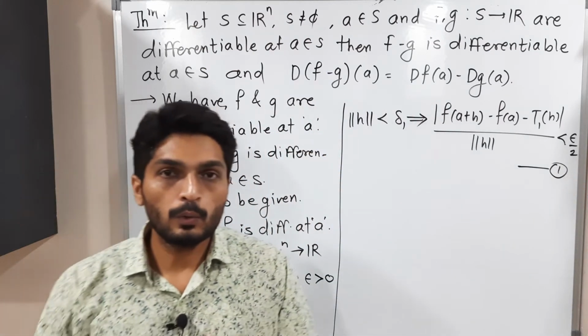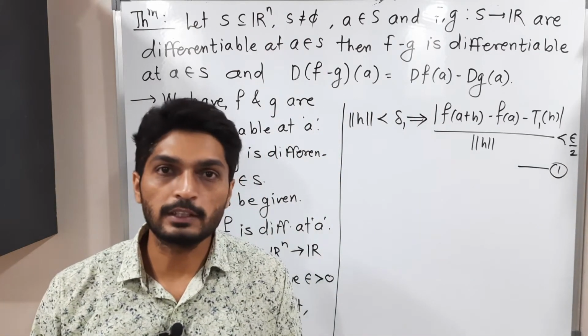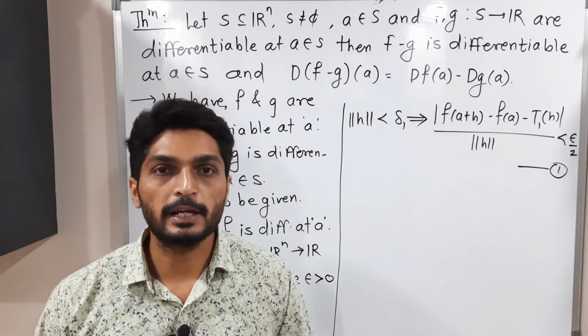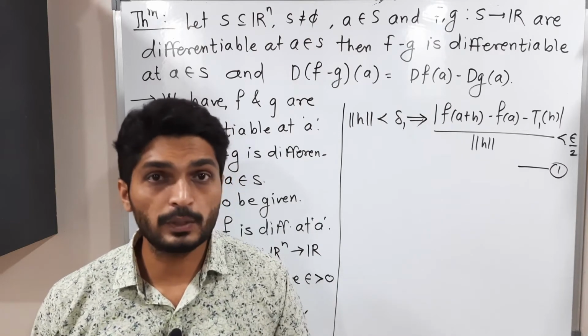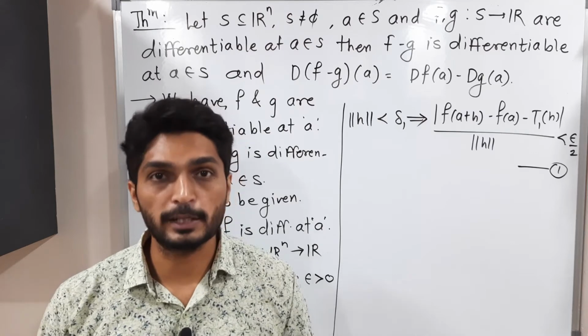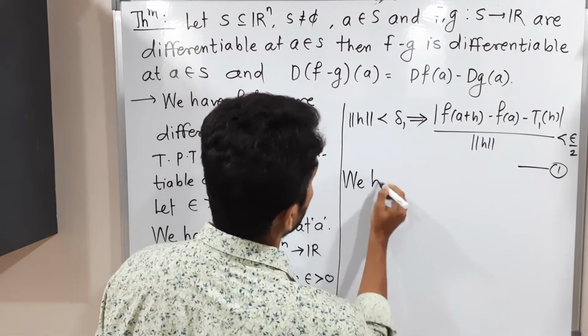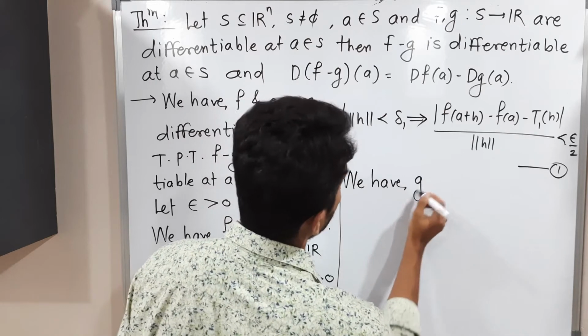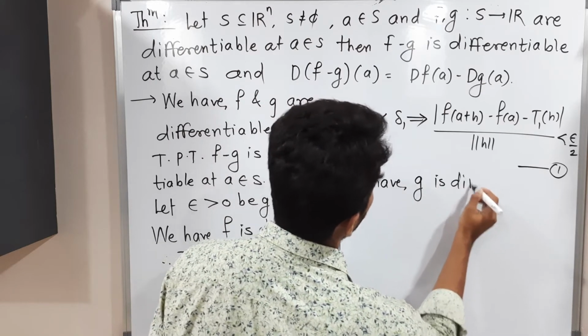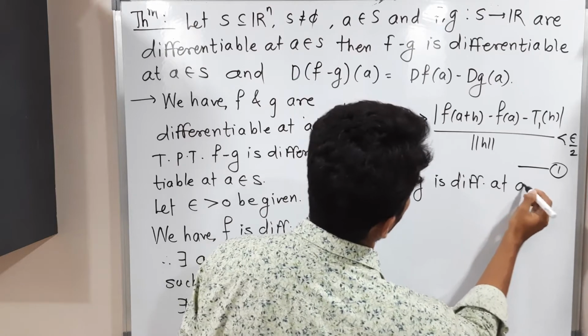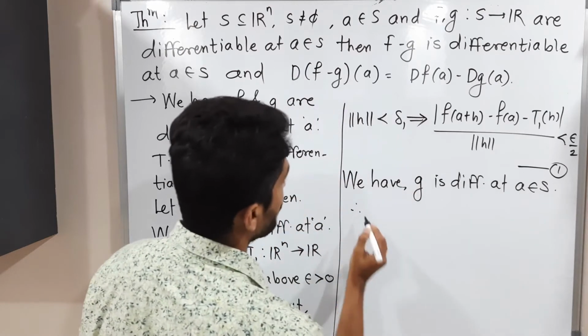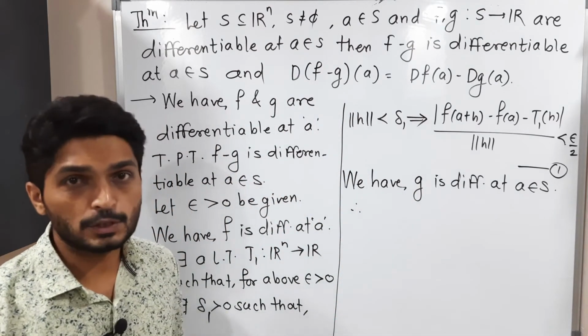Okay, so we used the first given information, that f is differentiable at a. The second information we have is that g is also differentiable at a. Let us use it. We have g is differentiable at a. So again the same definition we can use.